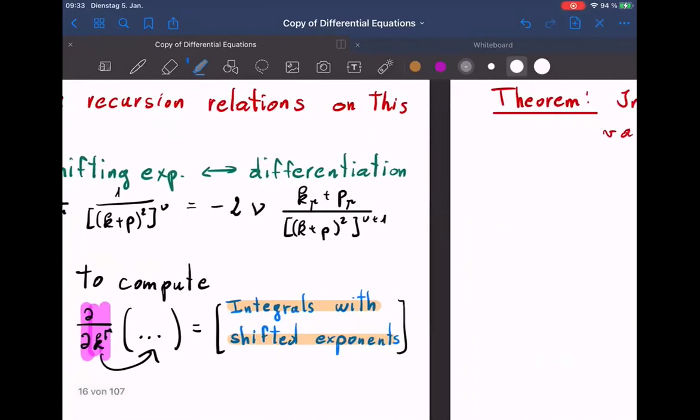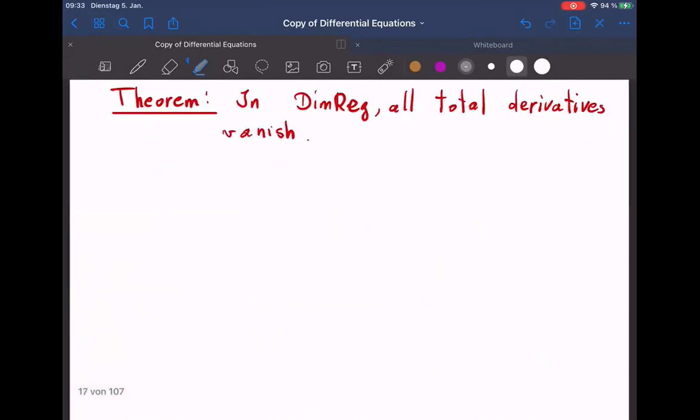And that's indeed what it is. There's something we will prove, at least heuristically, that in dimensional regularization, total derivatives for Feynman integrals will always vanish. That is what underlies this whole idea of finding relations among integrals. That's the main theorem.